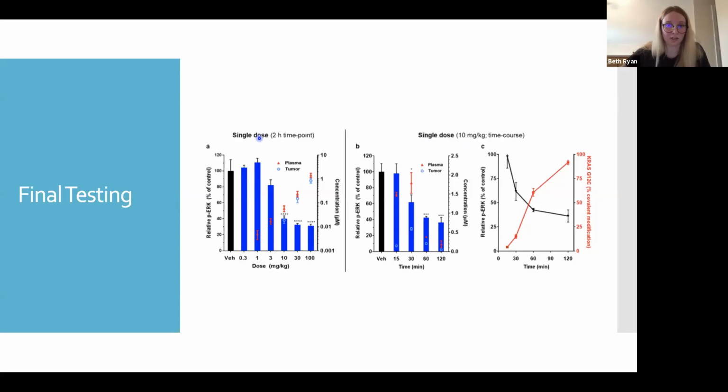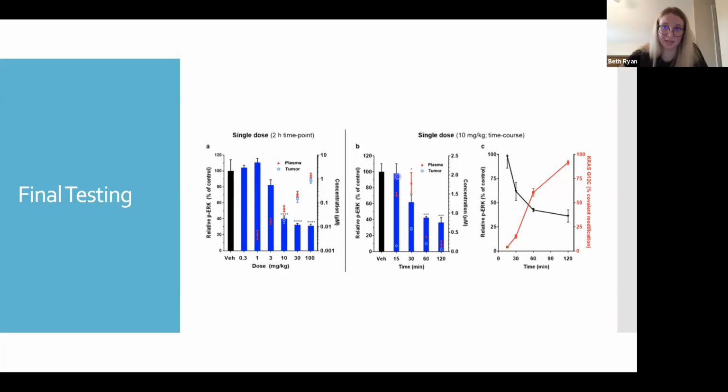So this graph was all at that 2-hour time point, and this one shows its activity at 15, 30, 60, and 120 minutes, or 2 hours. The same rule applies for this left axis and the bottom axis, so it goes with the bar graphs. There's that original 100% of ERK phosphorylated when you don't give them any compound.